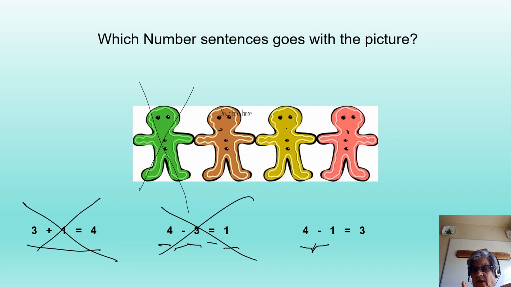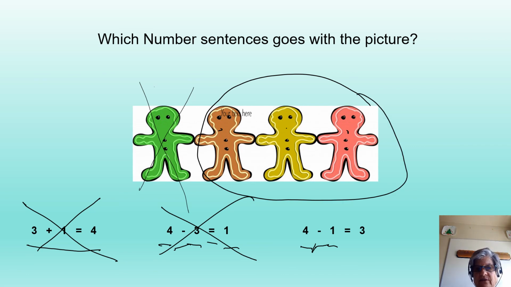Anytime you cross out 1 or more, it's a take away problem. And I put an X on 1, didn't I? So I took away 1, and I had 3 left over. So this is the problem I wanted. So 4 take away 1 equals 3 is the problem that goes with the story.